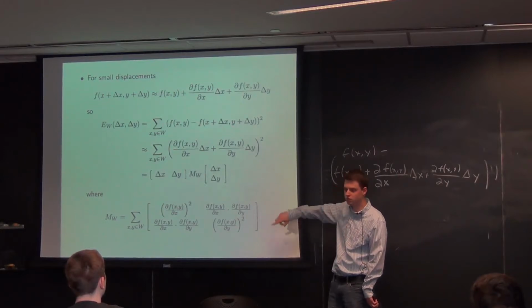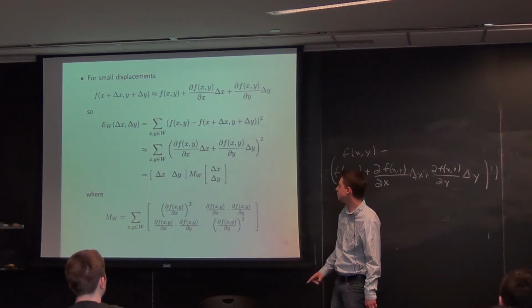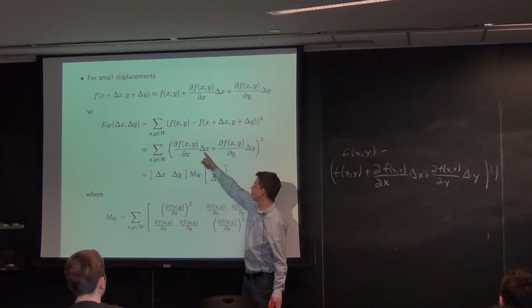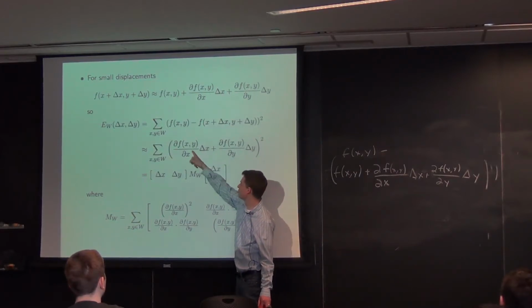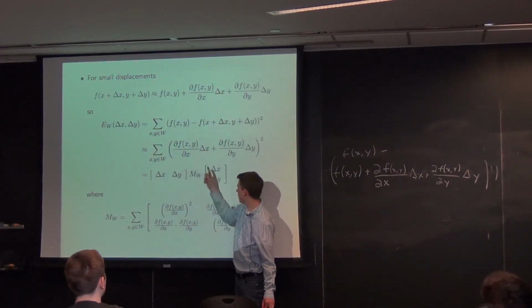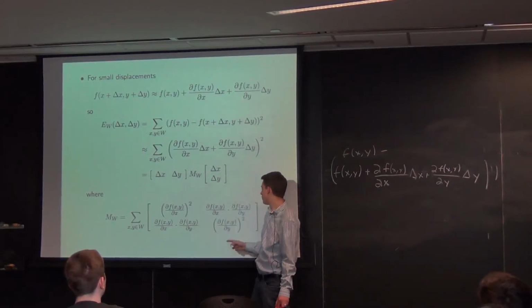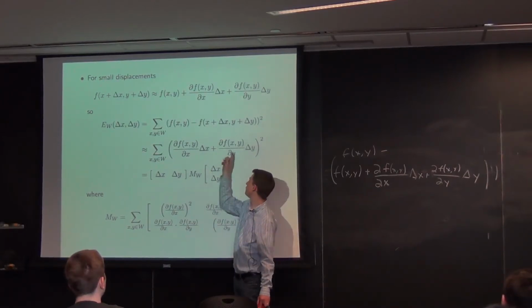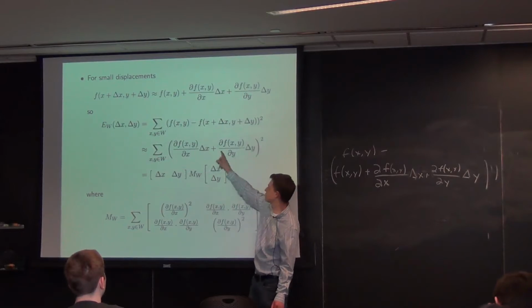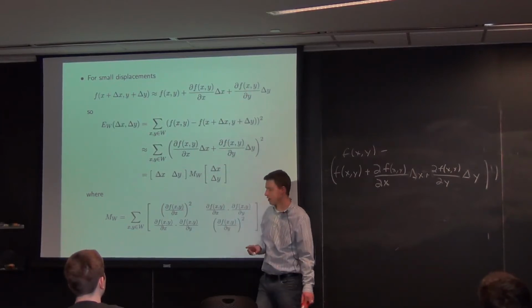All I did here was some algebra. If you look at the delta x squared term, for example, it'll just be this term squared. Look at the cross term, it'll be this one and then this one. And if you look at the delta y term, if you take the square explicitly, it's this guy here.